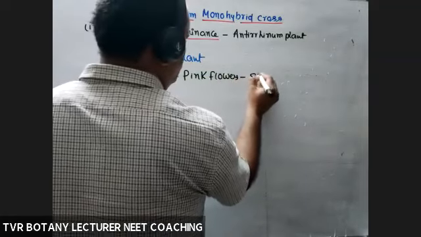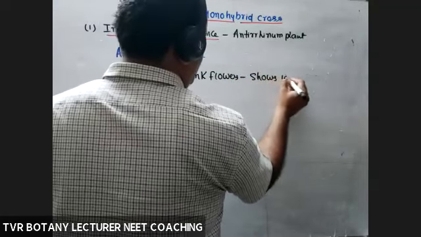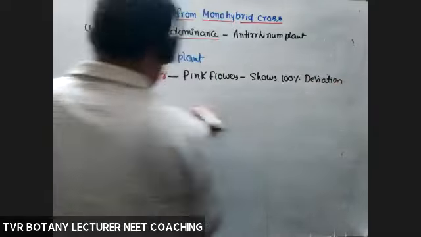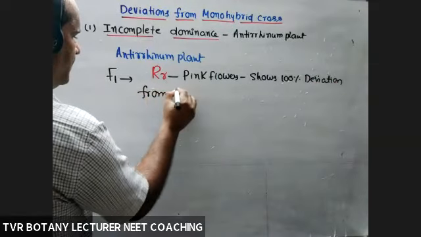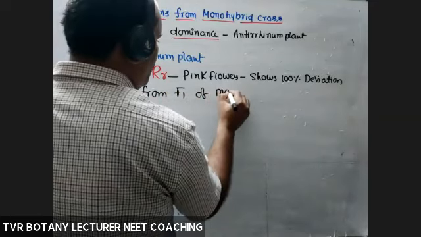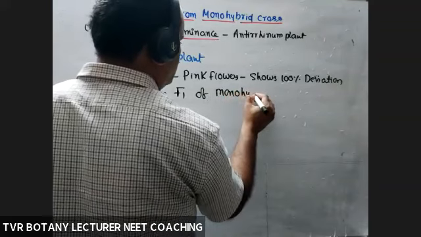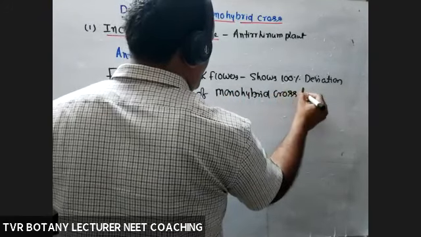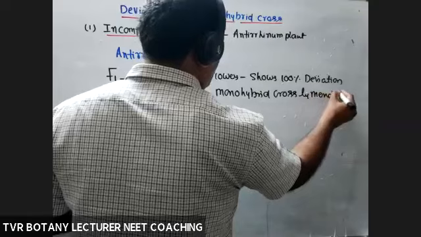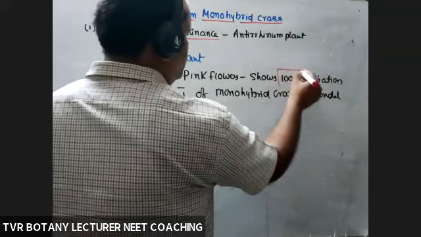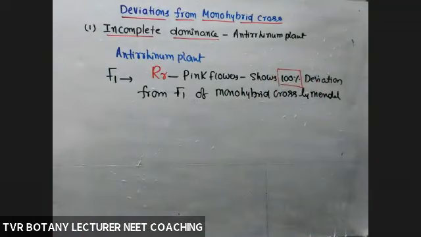Okay, that shows 100% deviation from the F1 of the monohybrid cross by Mendel. Genetically heterozygous, monohybrid, but phenotypically how much deviation here? 100%. This is very, very important. Next, F2.